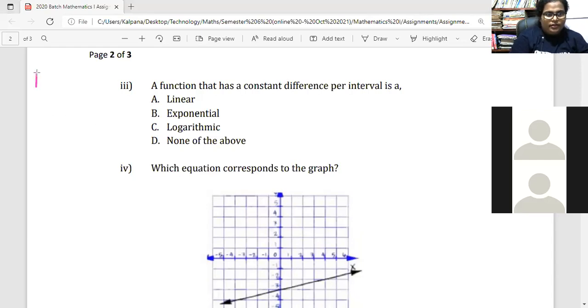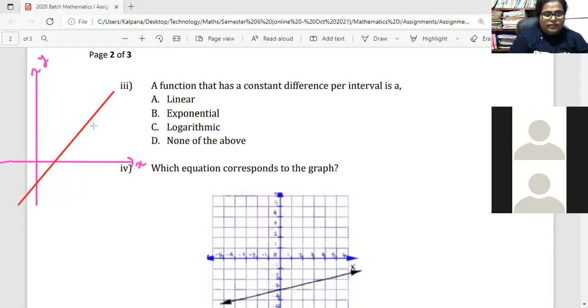Let me draw a linear graph here. If you have x and y axes like this, with this taken as x and this as y, the linear graph can be like this.